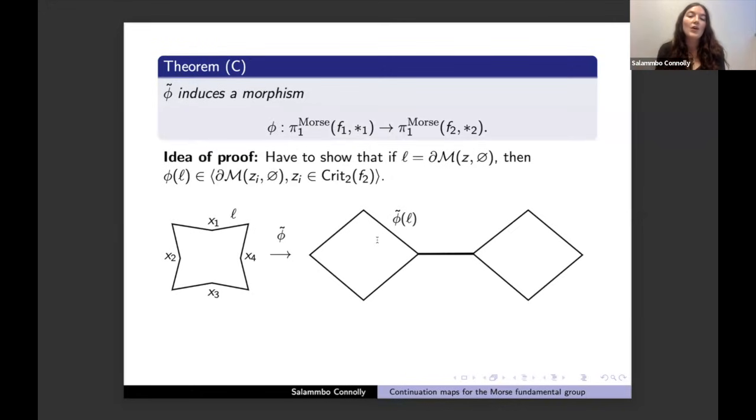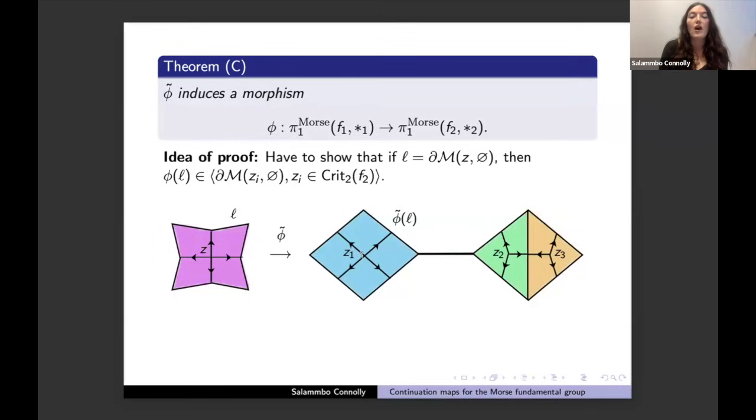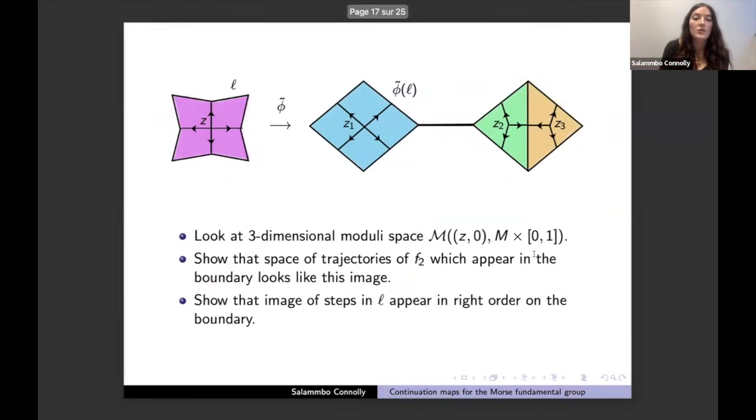So in general, you can't hope that it's just the boundary of one critical point, but essentially the idea is that if here it's filled by an index 2 critical point, over here all the holes are going to be filled by unstable manifolds of index 2 critical points or gluings of them.